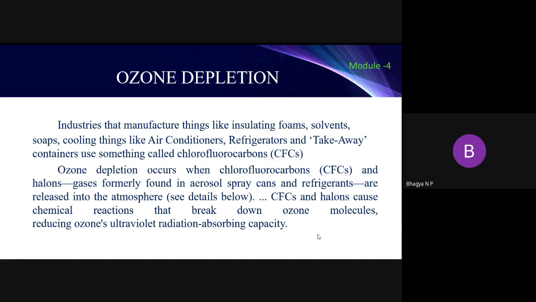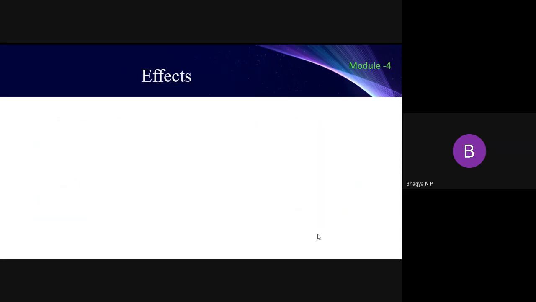When you spray it, these chlorofluorocarbons and halogens are released to the atmosphere, and once released, they affect the oxygen present in the atmosphere. These chlorofluorocarbons break down the ozone molecules, and it makes holes that we could see in this picture.